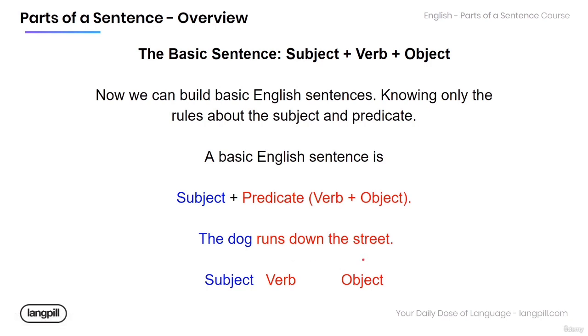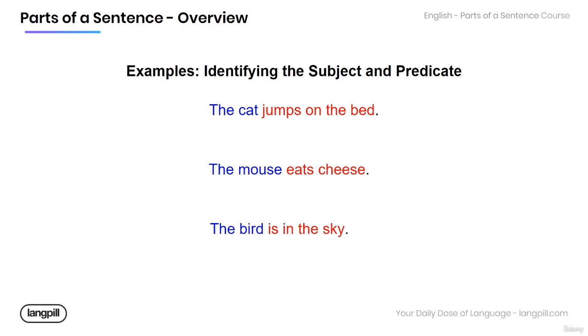So here's some examples. Let's see if we can look at these and just kind of identify the different parts. So the cat jumps on the bed. This sentence, the cat is the subject because that is who or what it is about. Where jumps on the bed is our predicate, with jumps being the verb and the bed being the object.